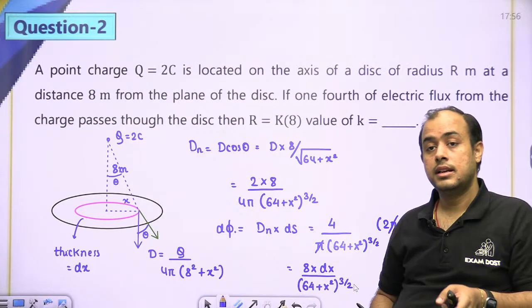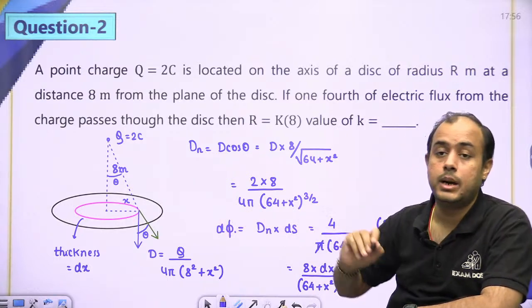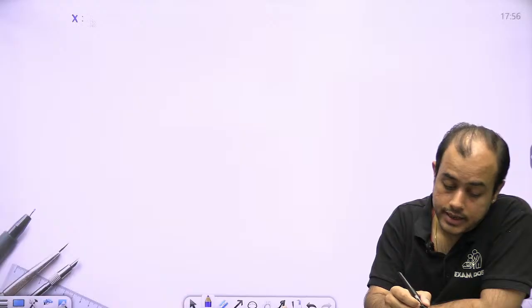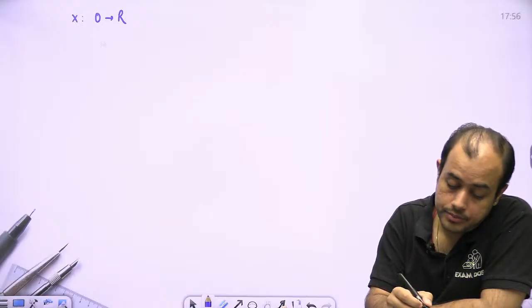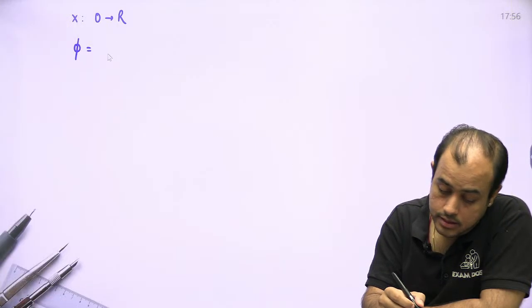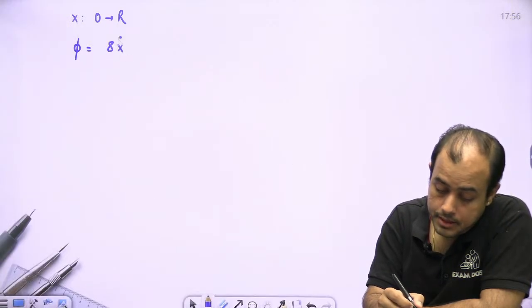क्लियर हुआ यहाँ तक? Now this x can vary up to the radius of the disk. X can vary from 0 up to r. So total flux will be 8 x dx.